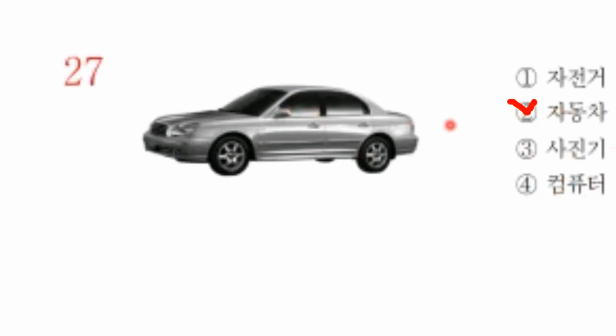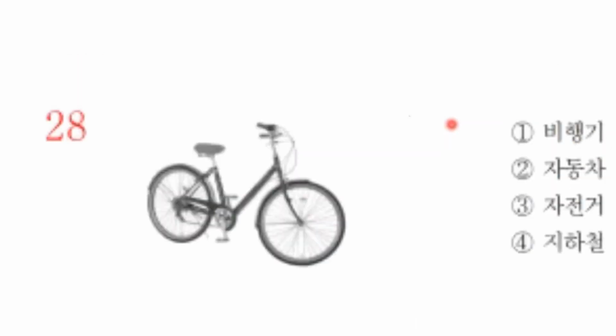Okay, so next, let's go to number 28. So here, nandito yung bike or bicycle. So ano nga ba yun sa Korean? Number 1, nakalagay is bihengi. Can you remember what is bihengi? Bihengi is what? Aeroplano, airplane, plane. So it's not. Number 2 is 자동차. 자동차 is what? Aka, di ba? Lumabas to. 자동차 is car.